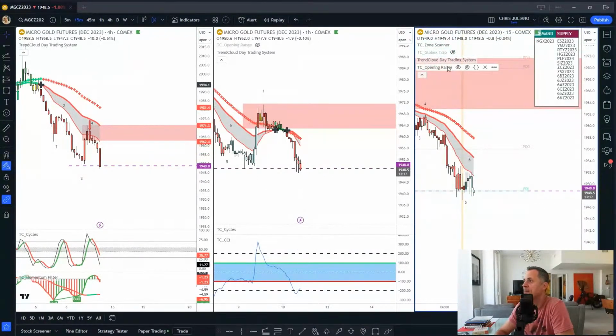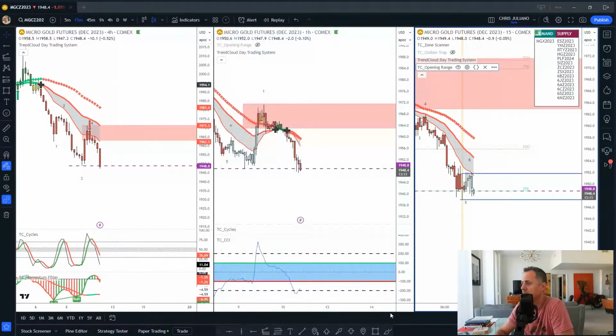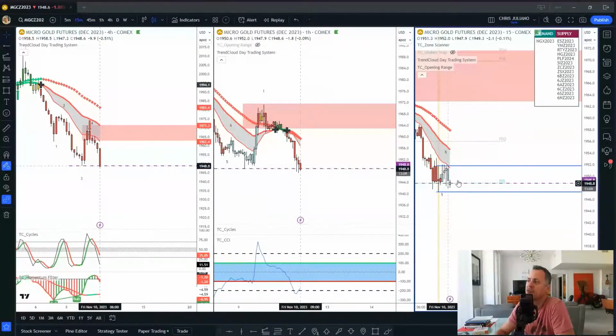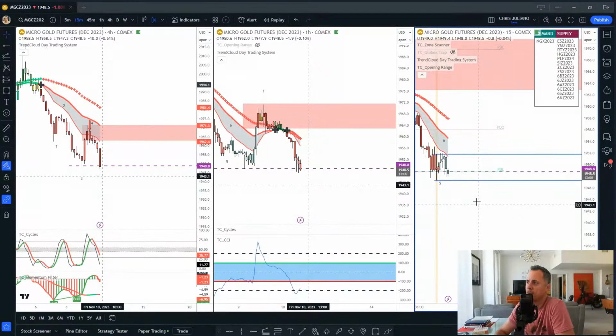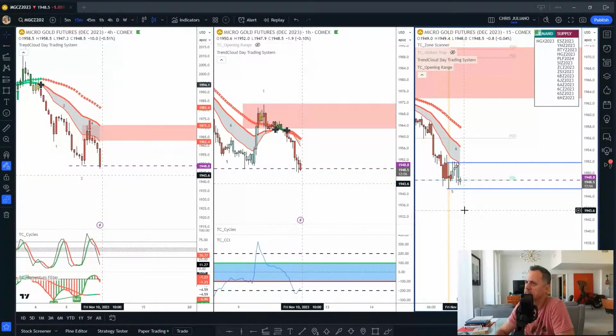Well, what does that mean? Okay, extended on that 15-minute chart. See how everything else broke out to the downside on silver and on copper, but not on gold. I wonder why. Well, we're extended.